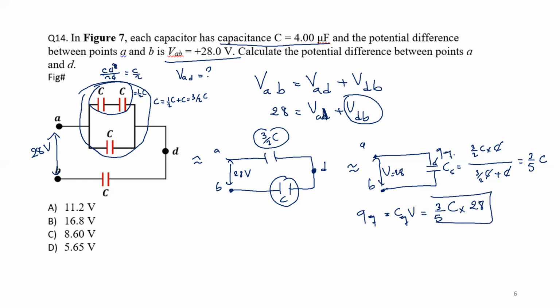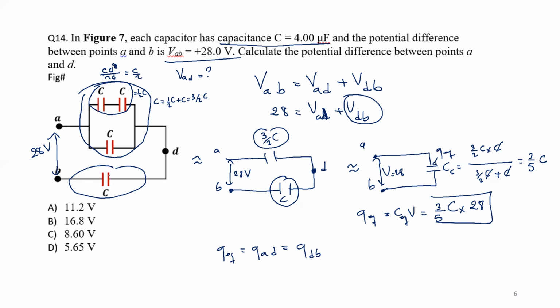Now this equivalent charge here will be the equivalent charge here, which will be also the equivalent charge here. Okay. So what does it mean? It means that this Q equivalent here is the equivalent charge between A and D, which is the equivalent charge between D and B. Why?